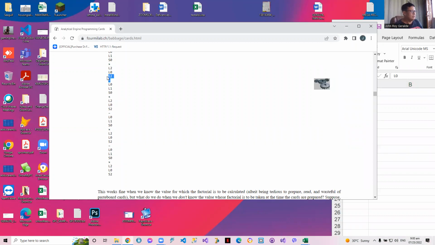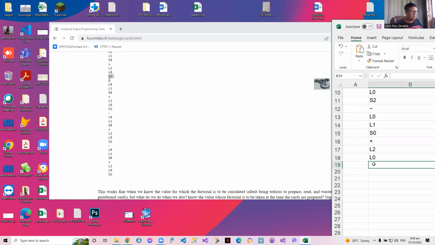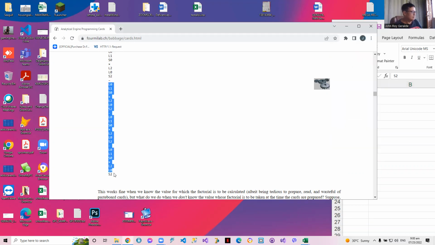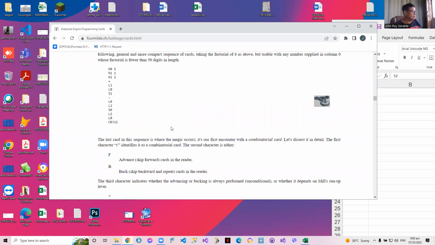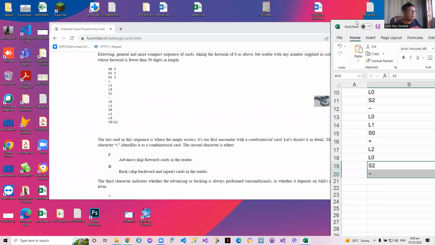This has no looping. This is the one without looping. This is the one which we need, the one with looping.